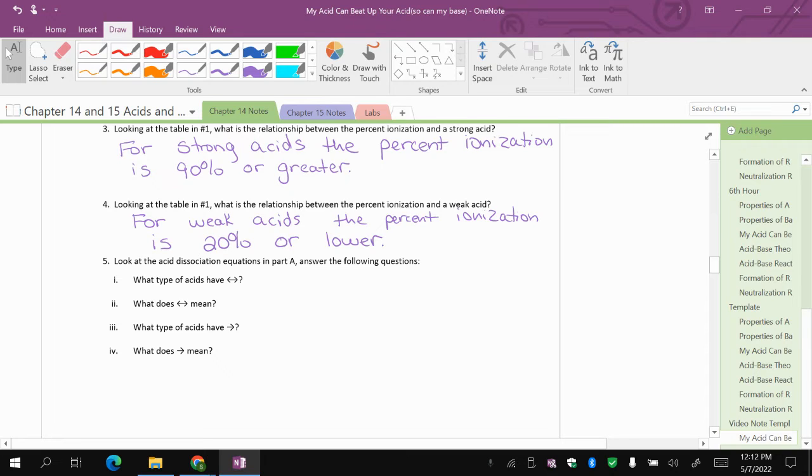And when you write these dissociation equations, then you should be able to identify if it's weak or if it's strong. So weak acids have a double arrow. And so that double arrow means that the reaction is reversible.